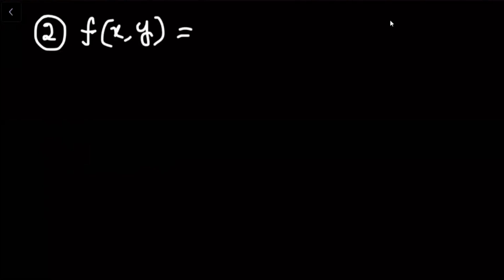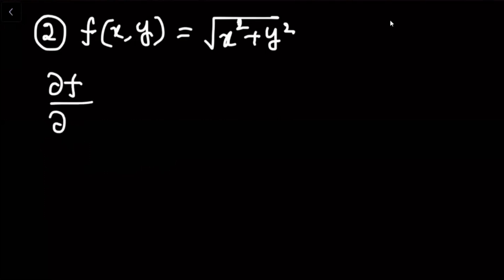Let's move on to the second problem. f of x comma y equals square root of x square plus y square. As we know, differentiating with respect to x, the derivative of root x is 1 by 2 root x.